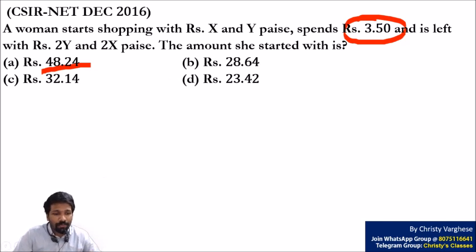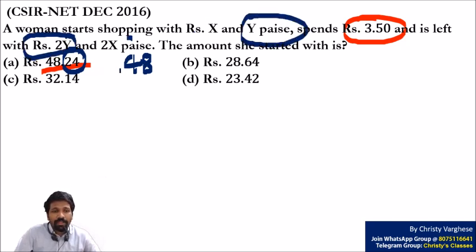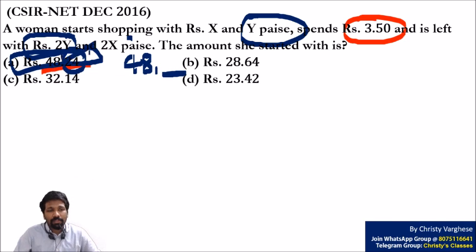That is a faster way of analysis. That means in the first option you only have to think of 24 paise. 24 paise's double is 48 rupees, because y paise doubles to 2y rupees. That means, is there any chance to get 48 point something when you subtract 3 rupees something from this?